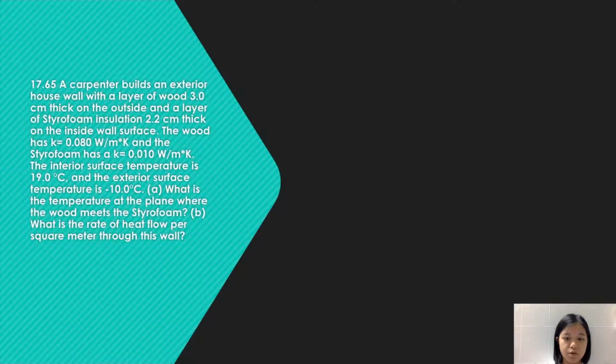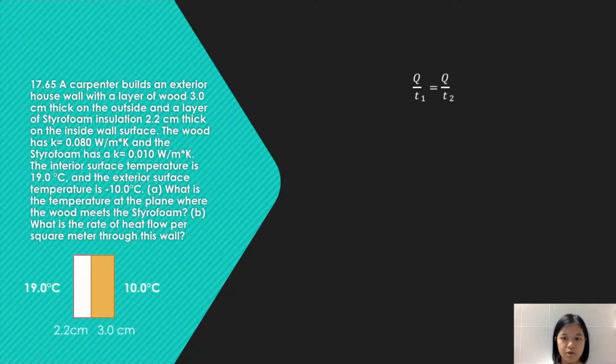So here's the diagram, and here are the respective temperatures and distances. So we can assume that obviously the temperature at the plane where the styrofoam meets the wood is the same, so we can assume that the heat rate from the styrofoam to the center is the same as the heat rate from the middle to the outside.